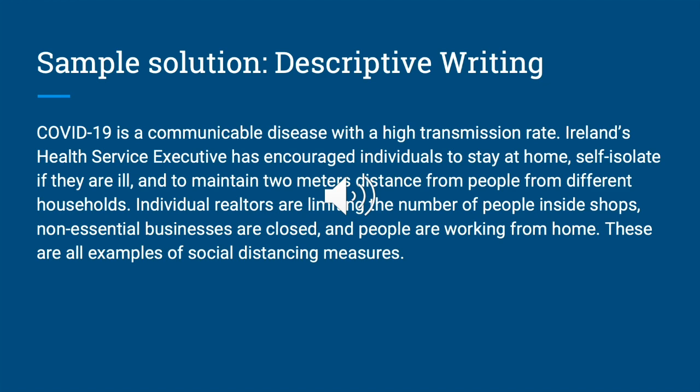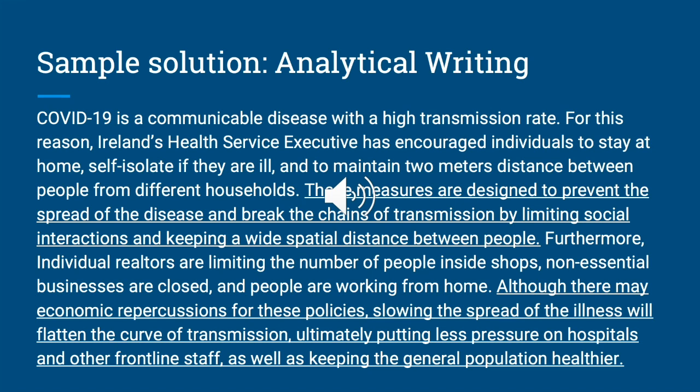I've included the same sentences from the descriptive example, but I've added sentences which analyze the significance or the meaning of the description. So I've underlined these sentences to help you differentiate between them.